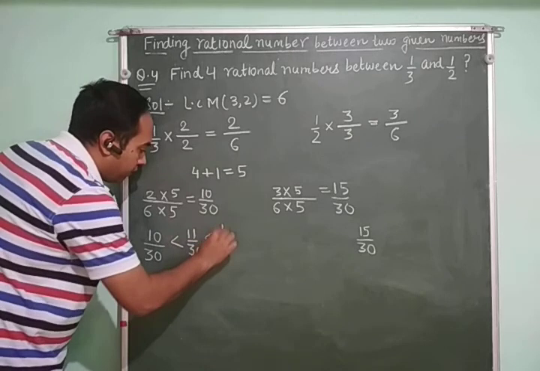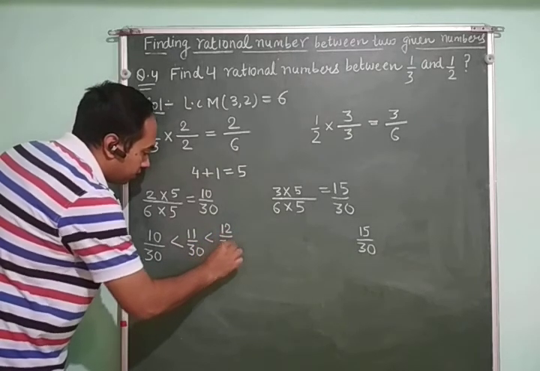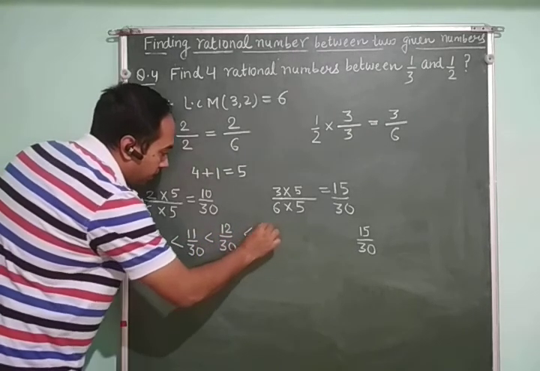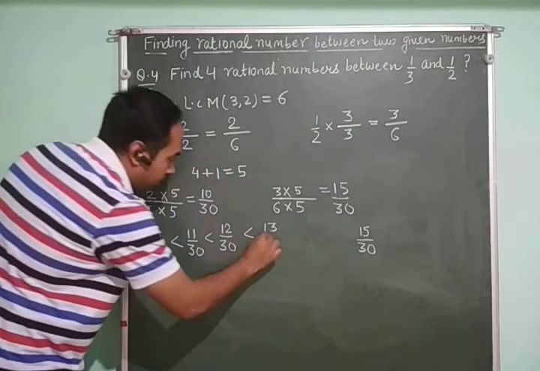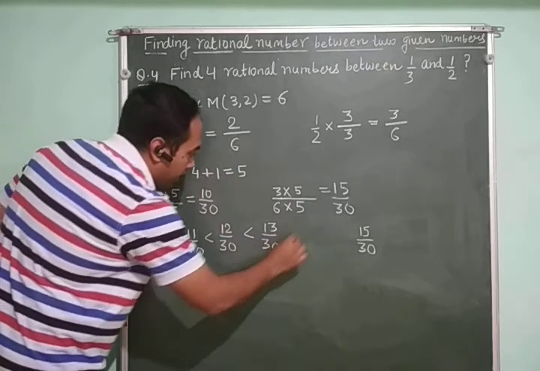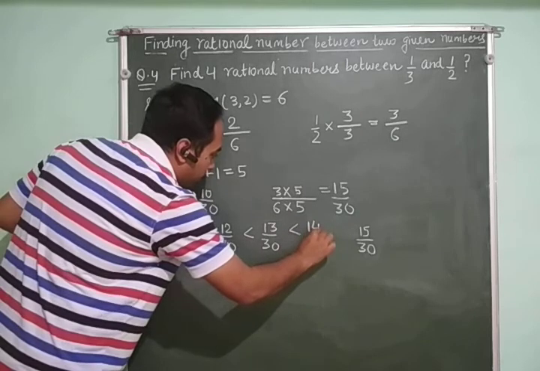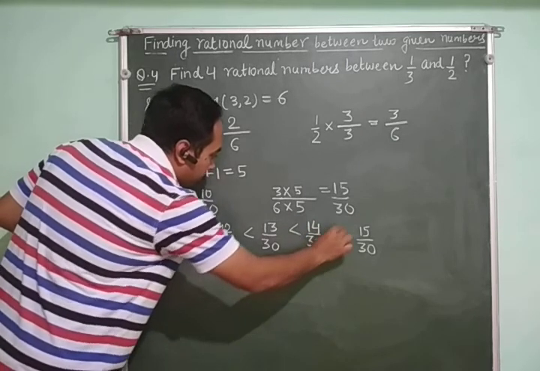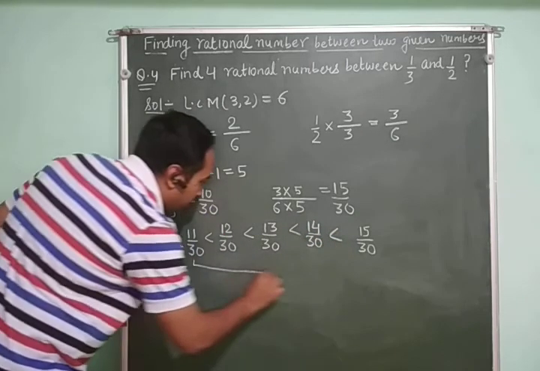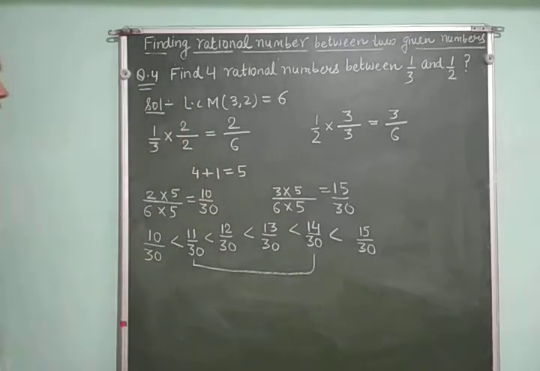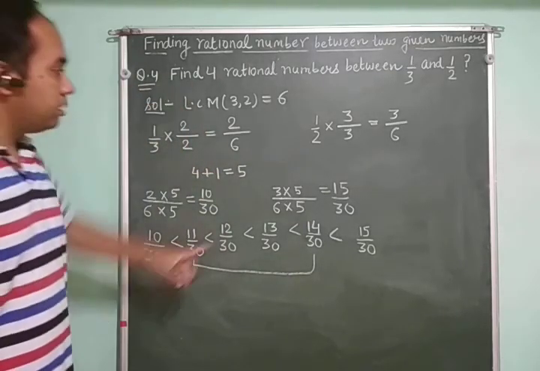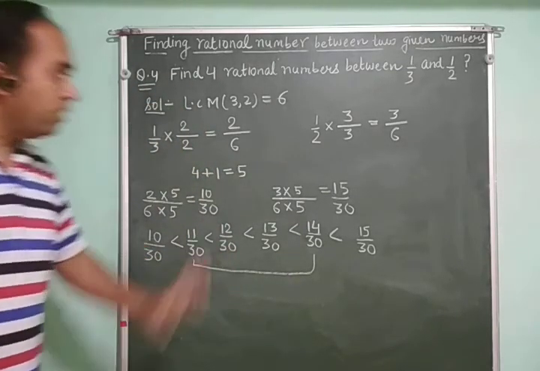Second will be 12 upon 30. Third will be 13 upon 30. And the fourth rational will be 14 upon 30. So, in this way, we have calculated 4 rational numbers between 1 upon 3 and 1 upon 2.